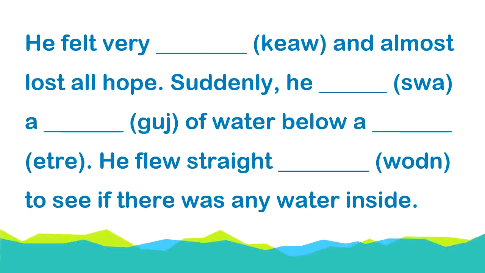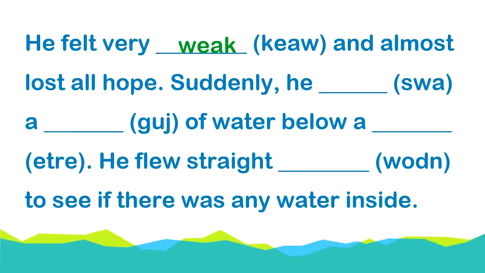How do you feel when you are tired and hungry or thirsty? Yes, you will feel weak. Look at the letters given here. Do you know how to spell weak? W-E-A-K. Weak. Very good.